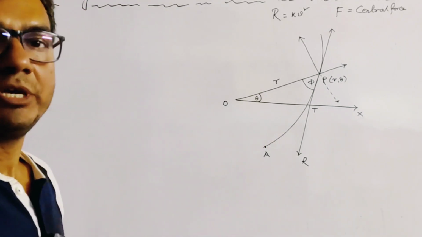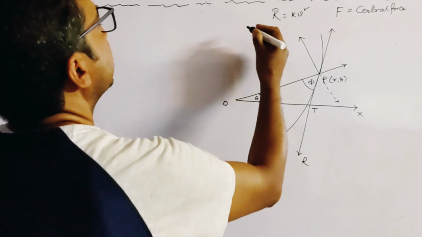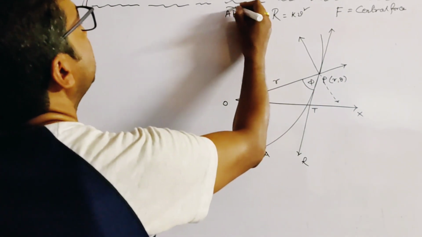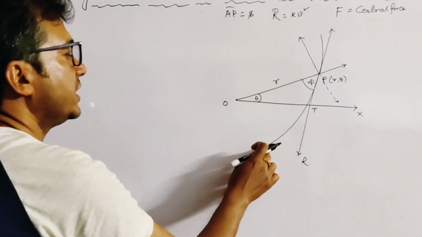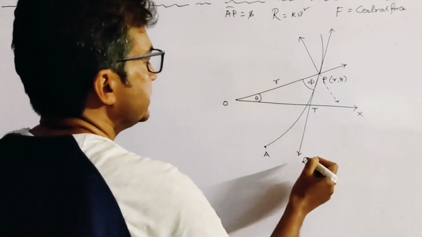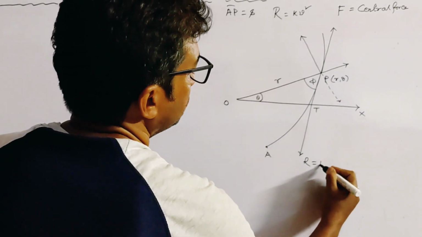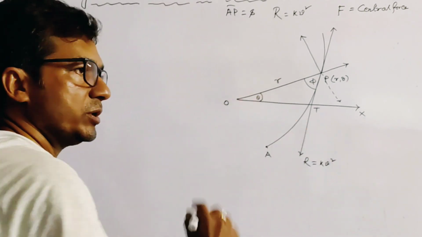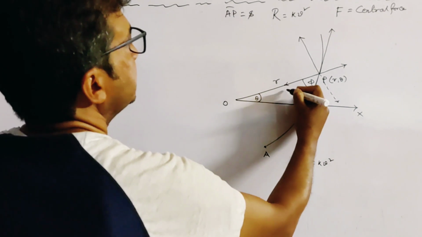Let this be the initial position A, and at the point P the arc length AP is equal to S. The resistance force R is equal to K V square per unit mass.